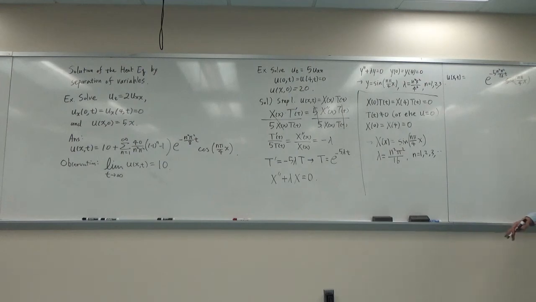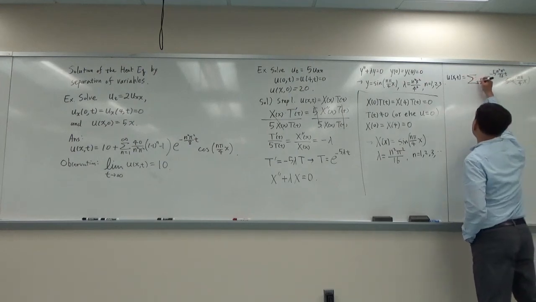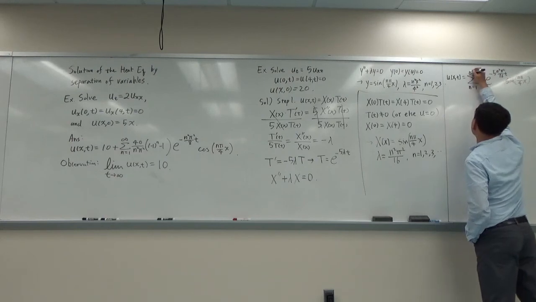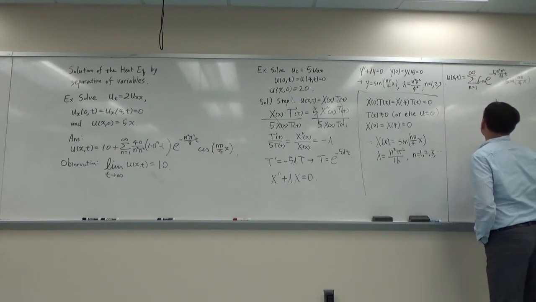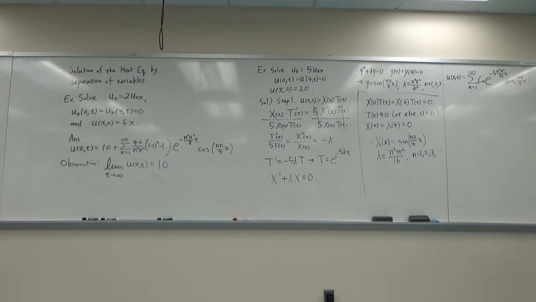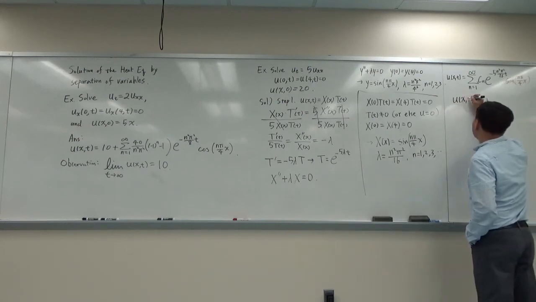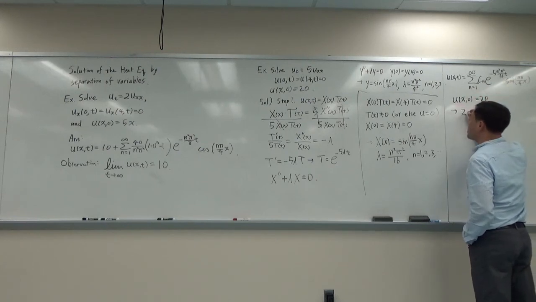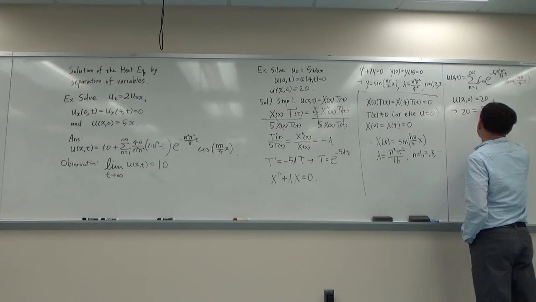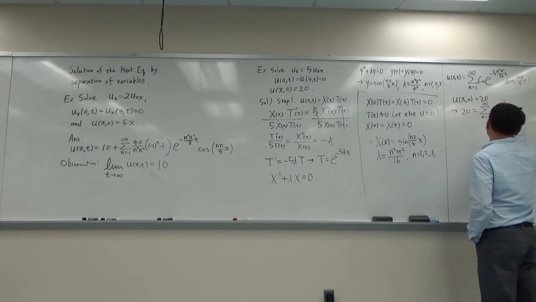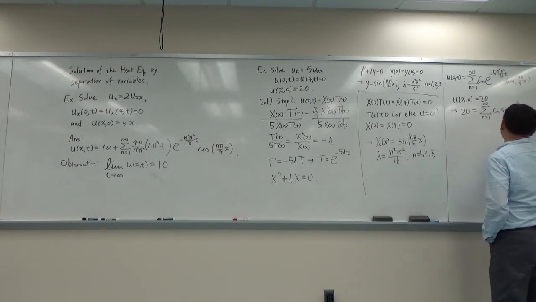And you want to take a linear combination of everything, so you put sigma of n from 1 through infinity of Cn. Now you plug in u(x,0) equals 20, which implies that 20 must be equal to the sum from n equals 1 through infinity of Cn sine n pi over 4 x.